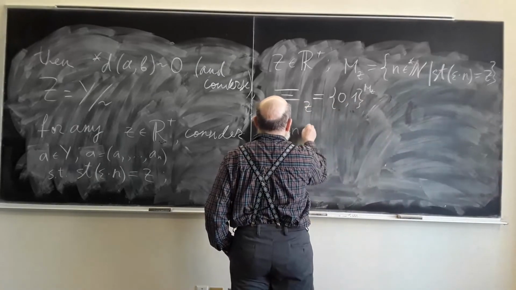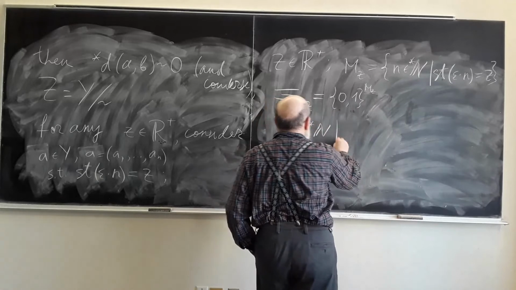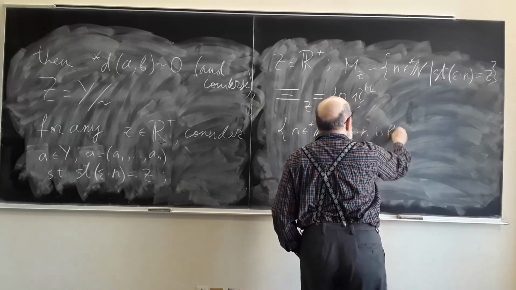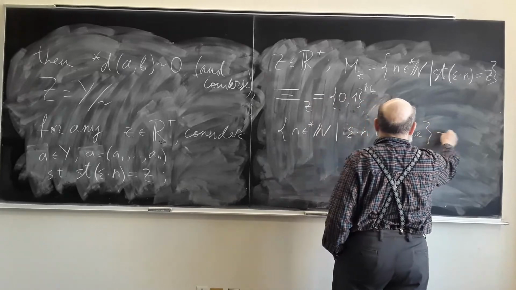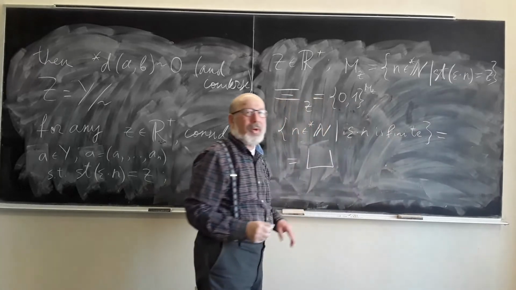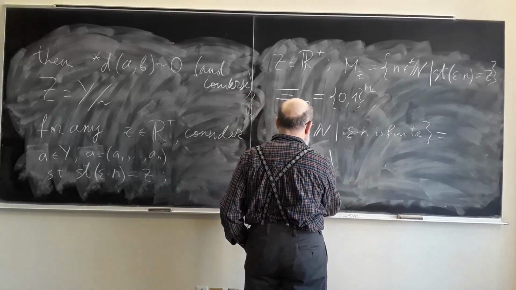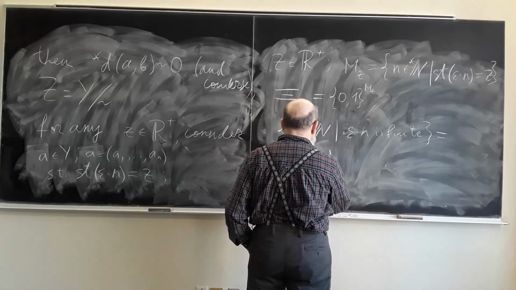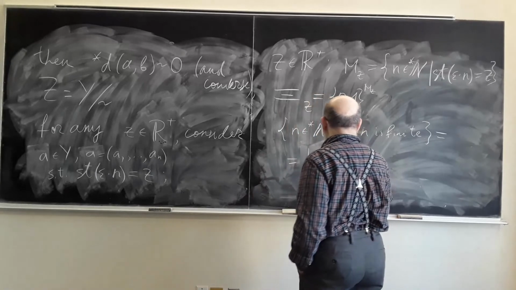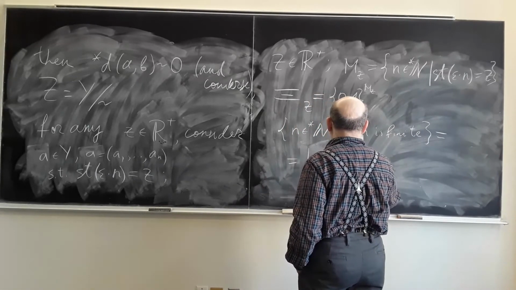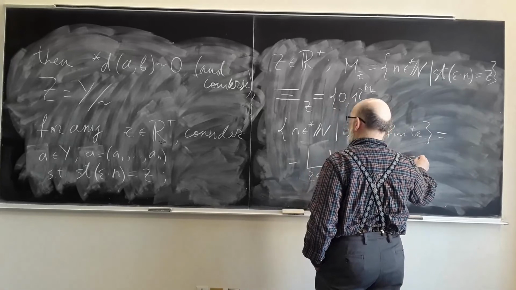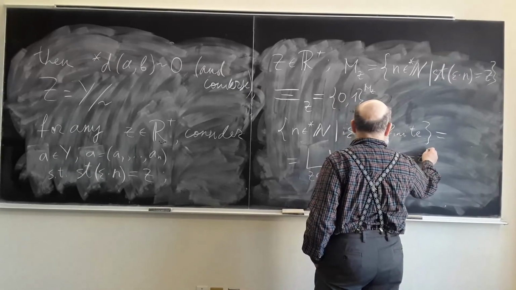So the set of n such that epsilon times n is finite equals the union, without overlapping, over z in R plus of these points m such that standard part of epsilon m equals z.